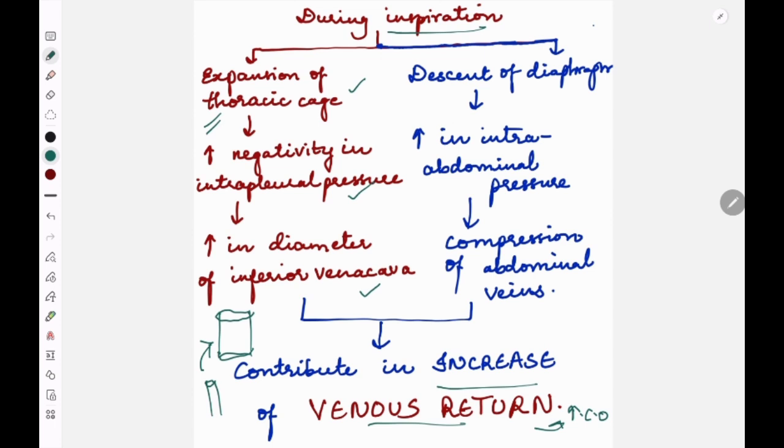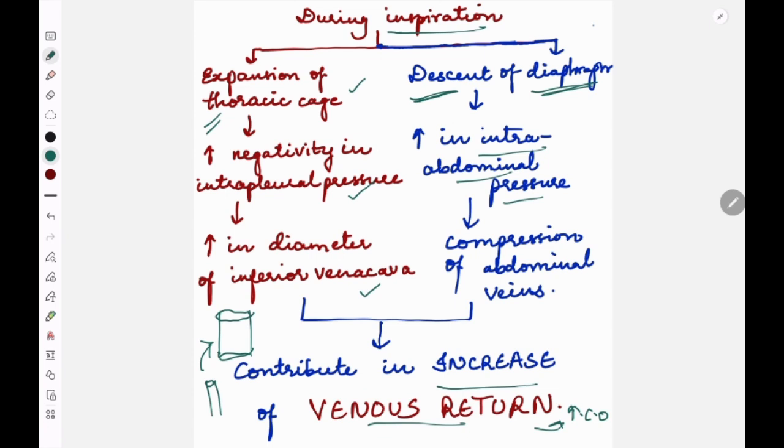Another way how the venous return is increased because of respiratory pump is by descent of the diaphragm. During inspiration there is contraction of the diaphragm, right? That means the diaphragm will contract and descend, that will lead to increase in the intra-abdominal pressure. Because of that, the compression of abdominal veins occurs.